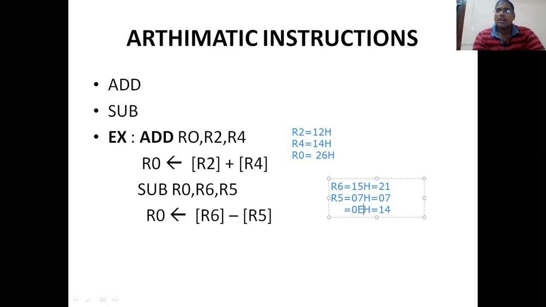So the total answer is 0EH. As per this concept, that answer is going to be stored in the R0 register. So the value present in R0 is 0EH.